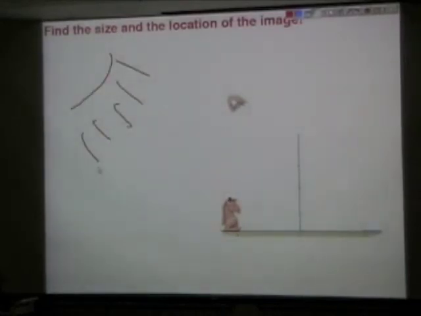The light from the sun is getting reflected from this figure in all directions. So from this point, for example, on the top of this little horse figure here, light is getting reflected in all directions, but only rays which go to the mirror are important to us. This ray is getting reflected.